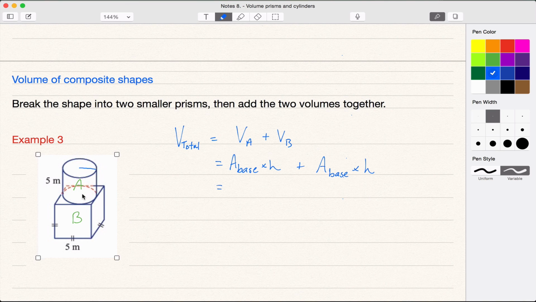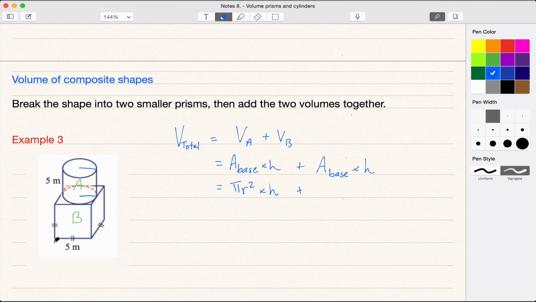So if we look down here, we know this whole side is 5. So half of that is going to be 2.5. Oh, hang on, I need area of base. The area of a circle is pi r squared.